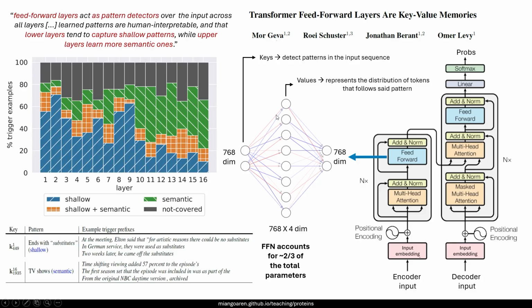What does this mean? Well, here what we have is what type of information is learned throughout the layers of a specific transformer. In this case, the information was classified into different degrees of complexity, such as a very shallow complexity, or one that is medium, which includes medium-shallow information, but also semantic information.